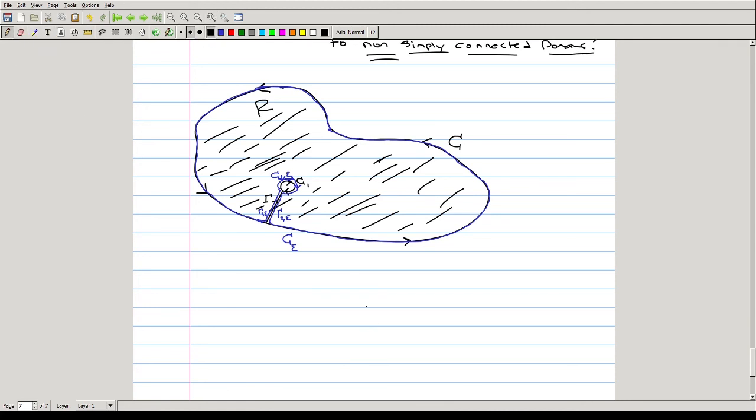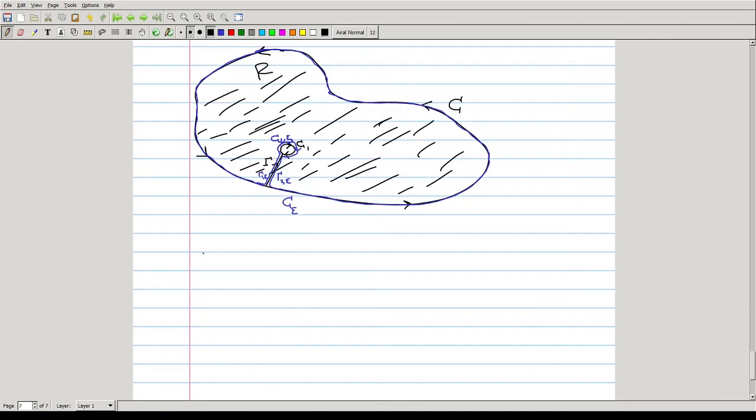And now the trick here, and the amazing thing that happens, is if we consider the union of C epsilon with gamma 1 epsilon, gamma 2 epsilon, and C1 epsilon.